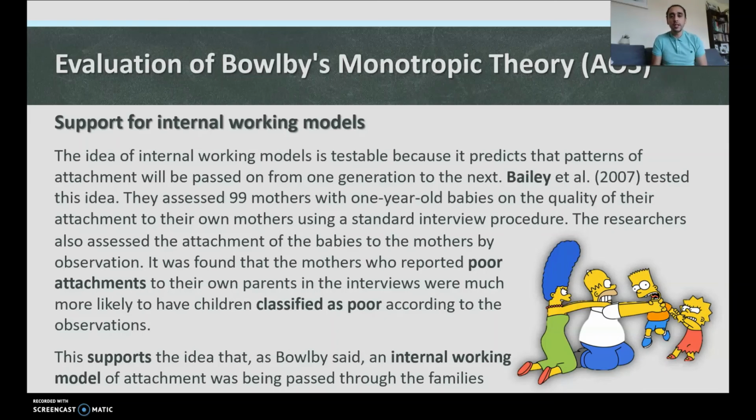Those mothers that had poor relationships with their mothers were more likely to have poor relationships with their children. So it's showing that you create these mental representations of what a good attachment will look like. If you don't have a good experience with this, you are likely to have poor attachments to your own children. This supports Bowlby's monotropic theory of the internal working model.